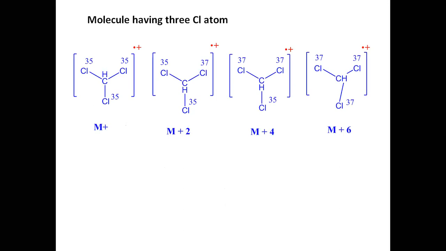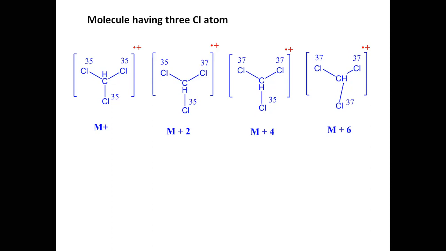We know: all three chlorine 35, an example being chloroform. Another possibility is that out of these three lighter isotopes, one of them is 37, so two are lighter and one is heavier. Similarly, in the third possibility, out of three chlorine, two are heavier and one is lighter.